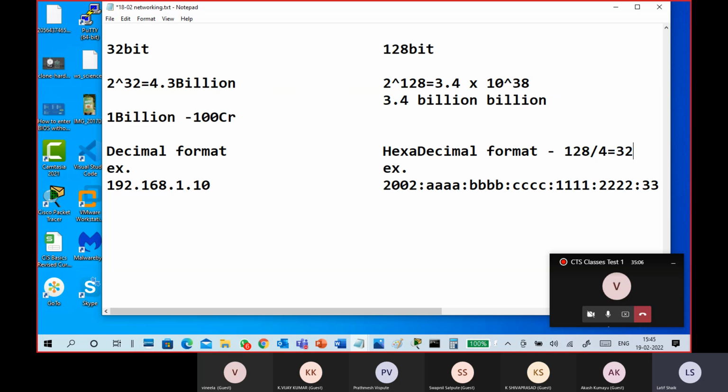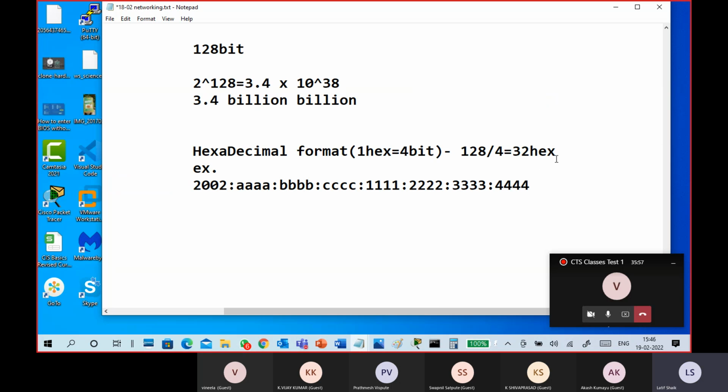So one IPv6 address is 32 hexadecimal digits, since 128 divided by 4 is 32.